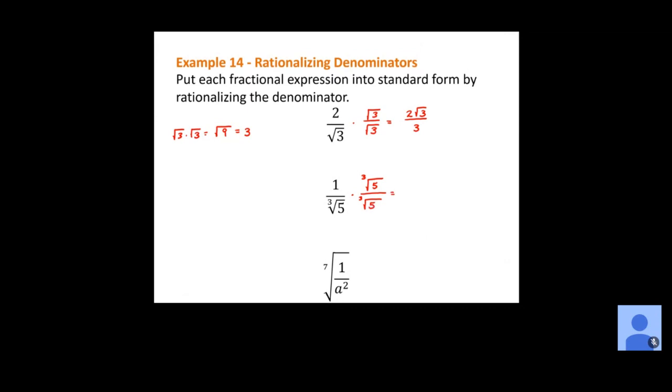Now, if I were to do that, what's that going to give us? Okay, so we're going to get a cube root of 5 in the numerator. I'm going to keep it like that. Now, be careful in the denominator.